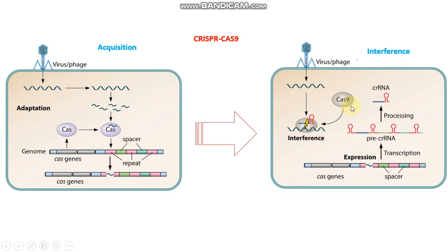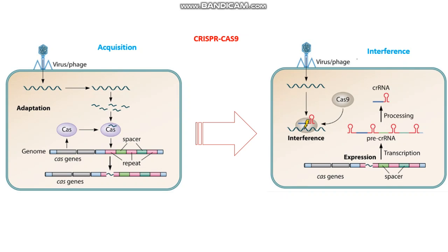When the virus attacks a second time and the same genomic DNA is incorporated inside the bacterial cell, the RNA that matches the genomic DNA sequence attaches to that genomic DNA. Then Cas9 detects that DNA-RNA duplex and cleaves the foreign DNA at the PAM sequence. So this is the interference phase.